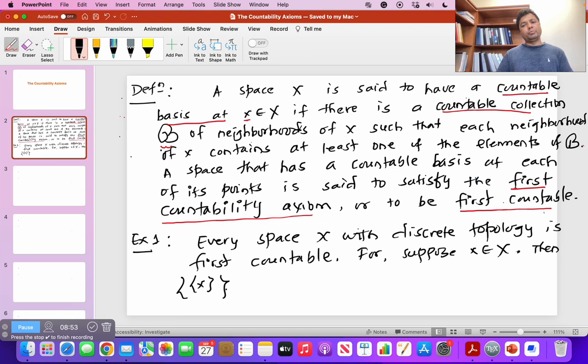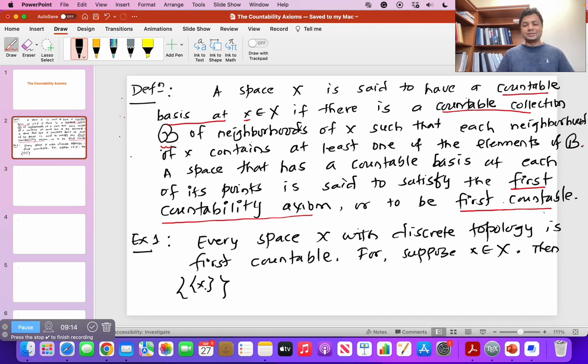And if we pick any neighborhood of x, that neighborhood will contain this singleton set, because the singleton set just has x, so it is going to be a subset of that neighborhood.